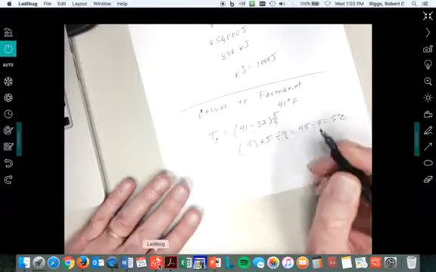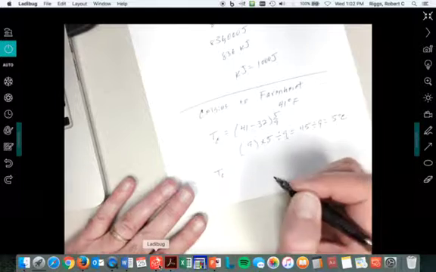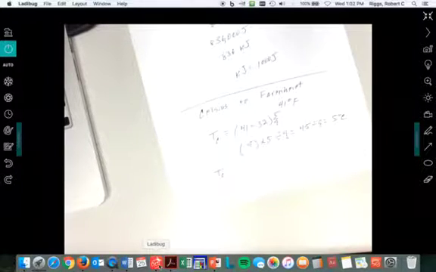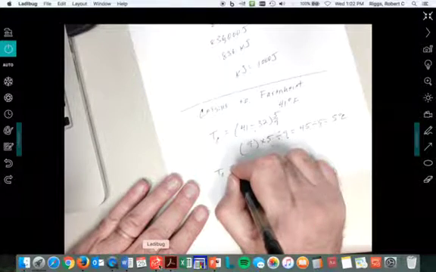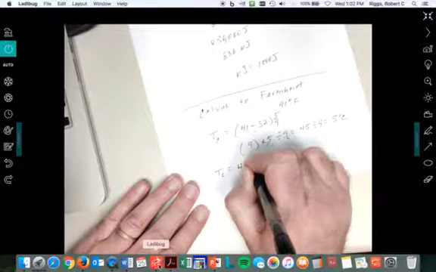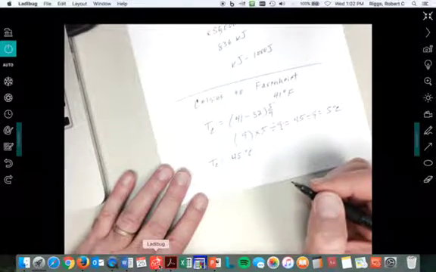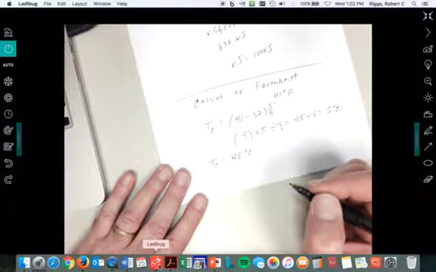Let's go the other way. Let's say one day when I was in Kuwait and we drove by the First National Bank of Kuwait, I saw the sign said 45 Celsius. Oh my gosh, hotter than heck.